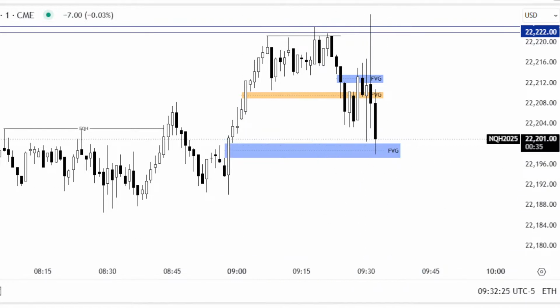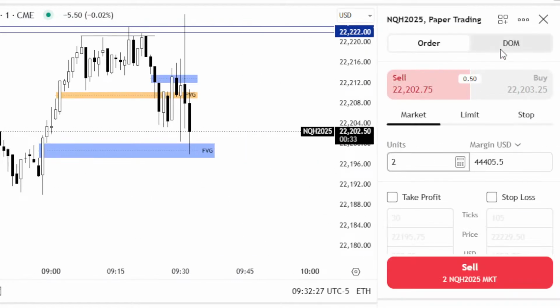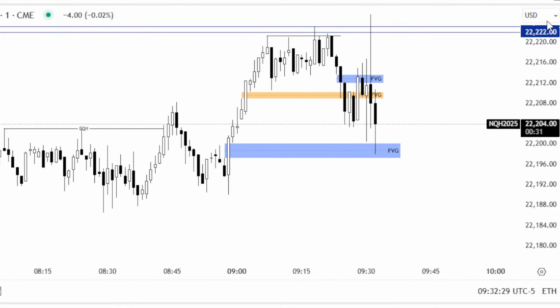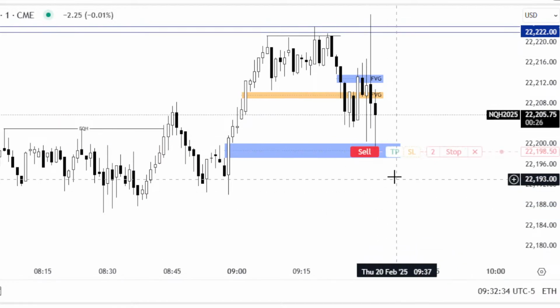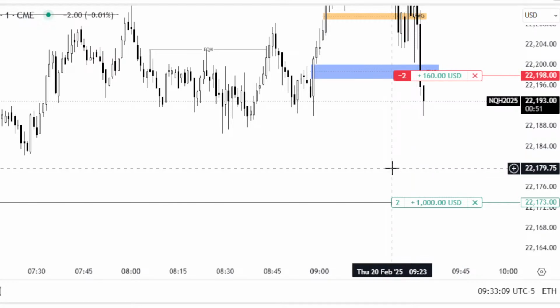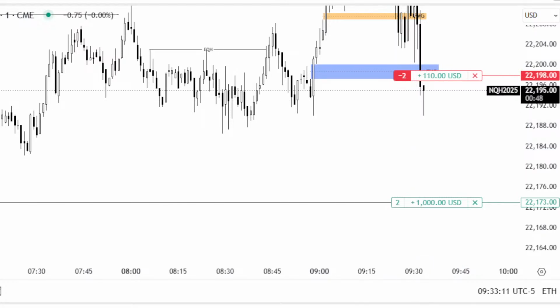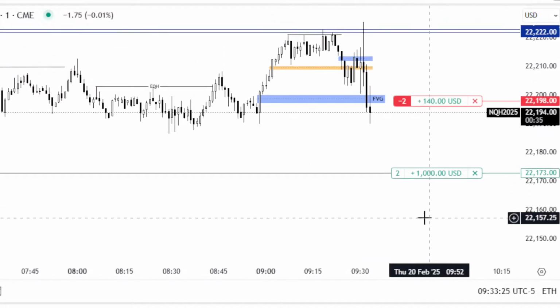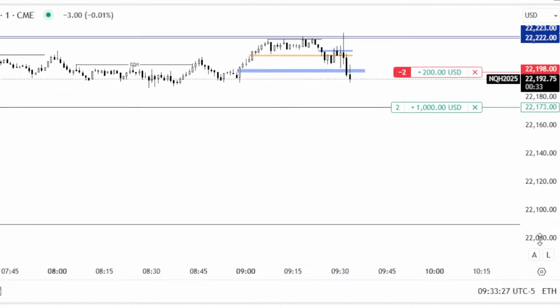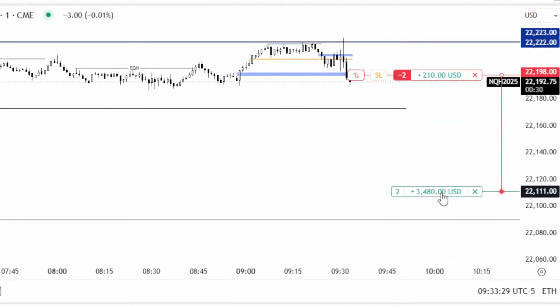I think we're going to invert this fair value gap as well. So what I should do is take a sell here. Okay, let's see if we can actually see some downside here.